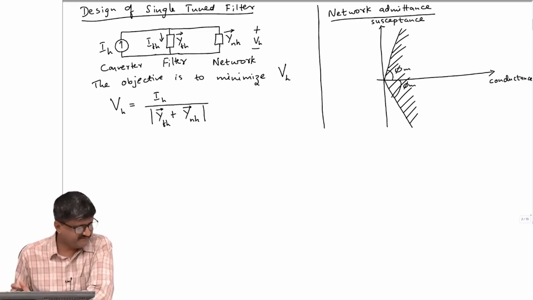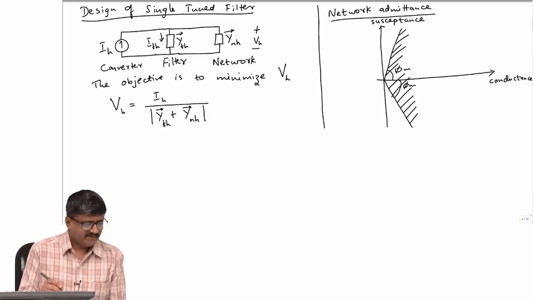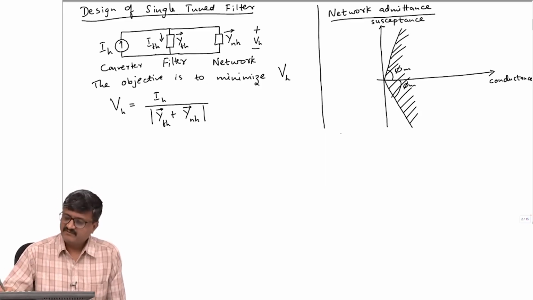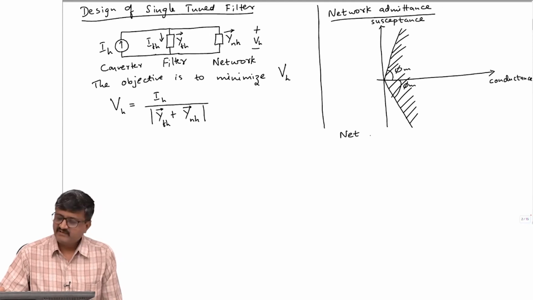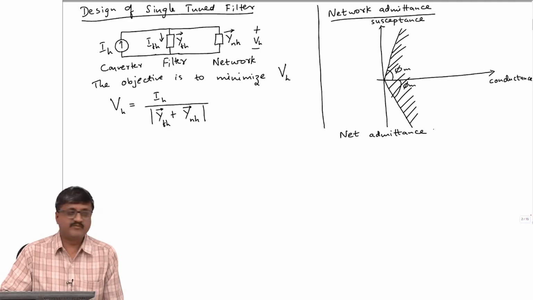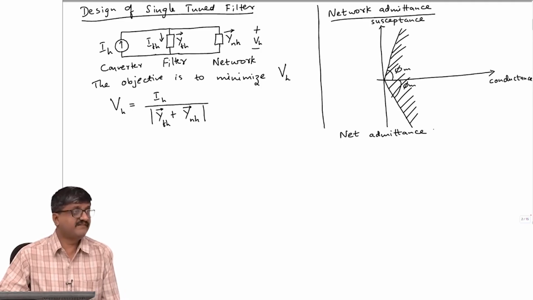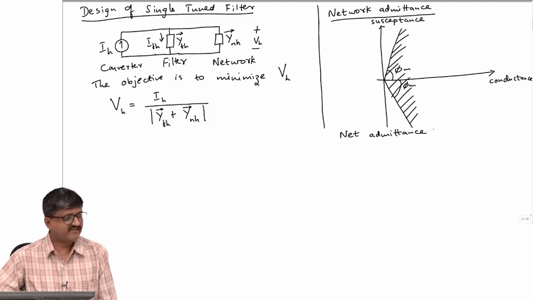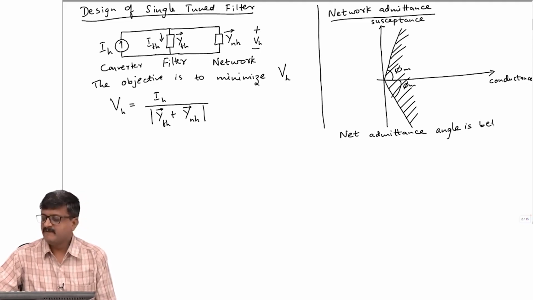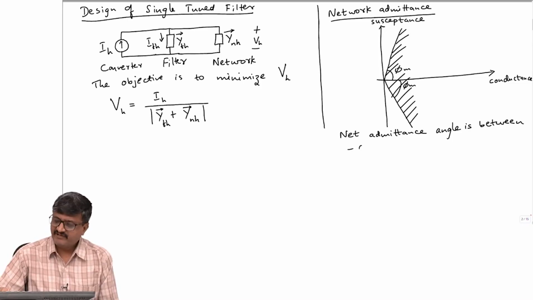So, it is an infinite region. Essentially the network admittance has an angle which is between minus phi m and plus phi m. Network admittance or in fact impedance, both have the same phase angle range. Okay. One is the reciprocal of the other. So, network admittance angle is between minus phi m and plus phi m.